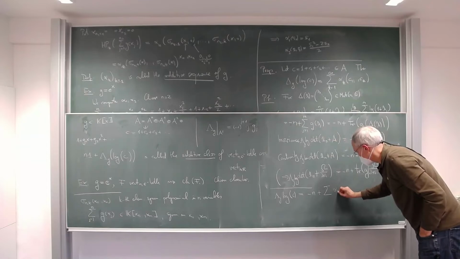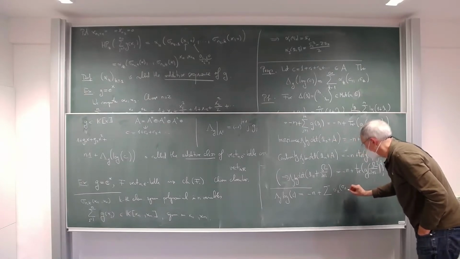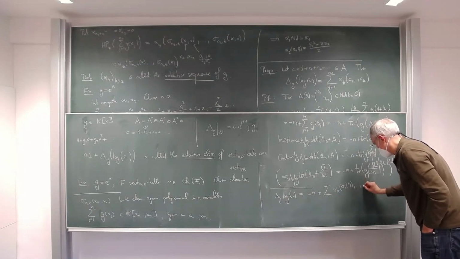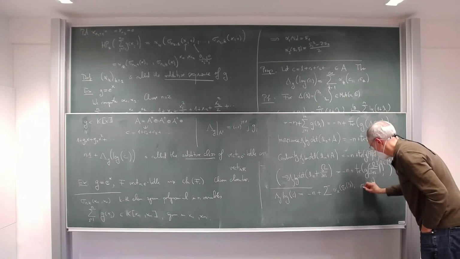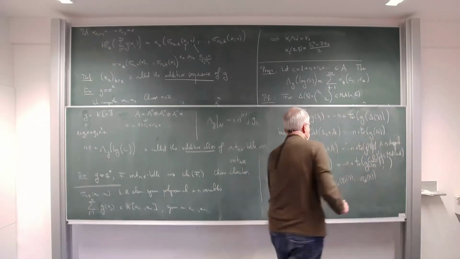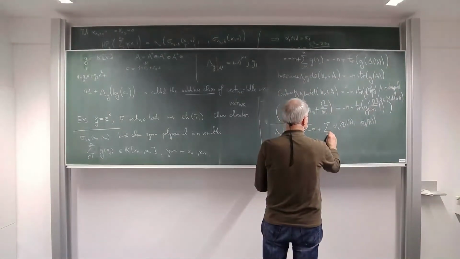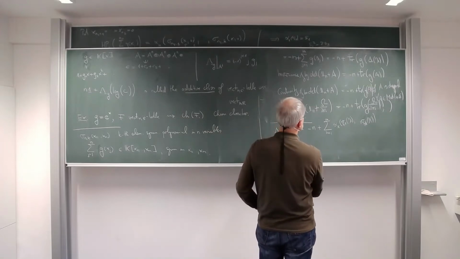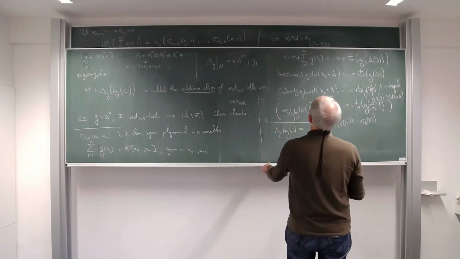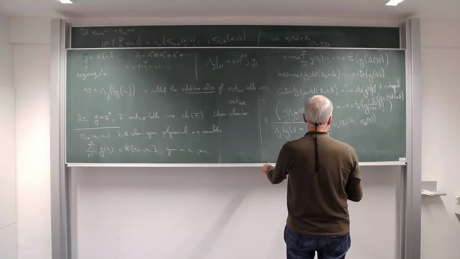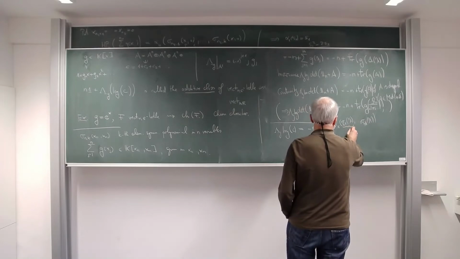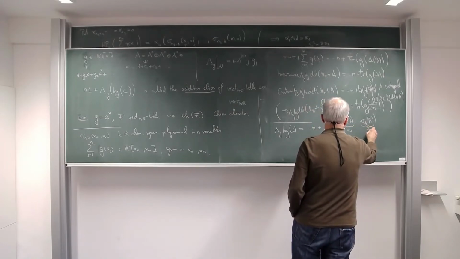So alpha k of sigma 1 of lambda all the way up to sigma k of lambda. And this is just C1 and this is Cn.